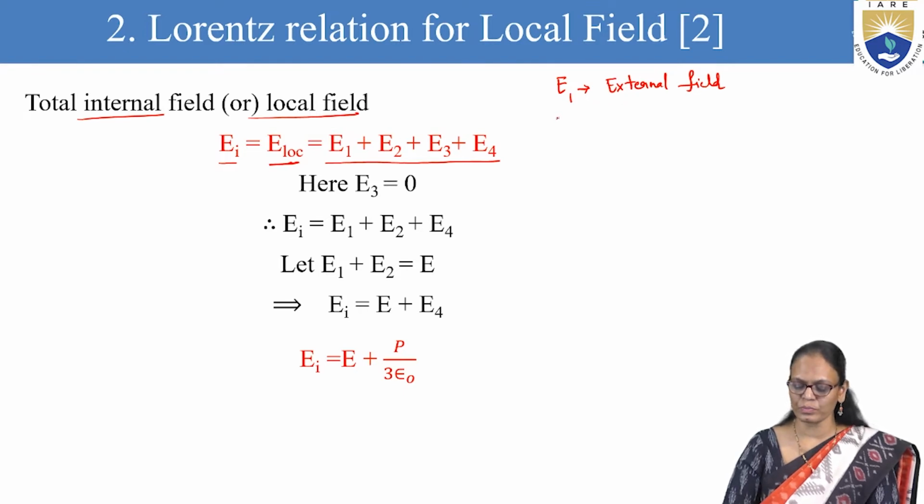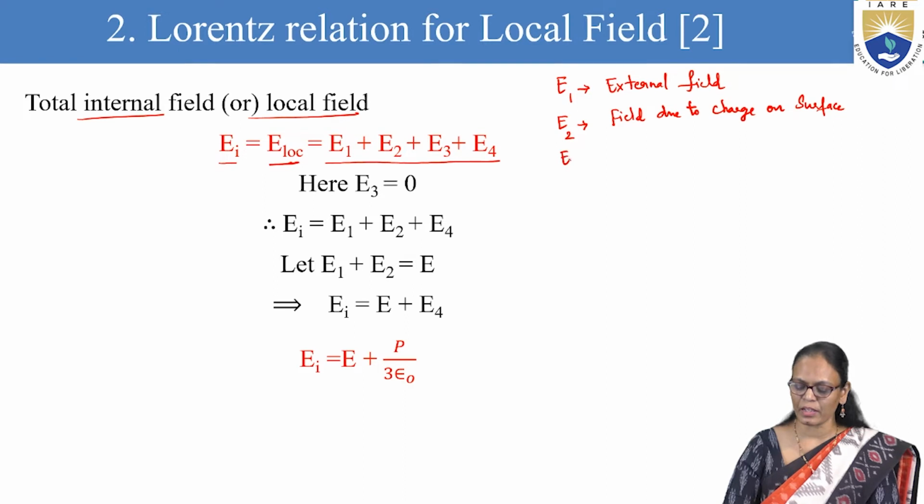And E2 is the field that is developed due to the displacement of charges onto the surface of the material. Field due to charge separation on the surface of the dielectric.